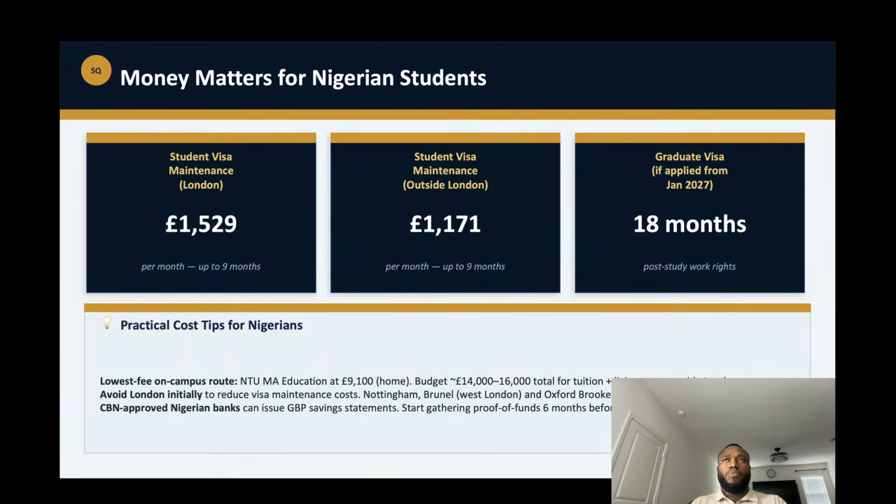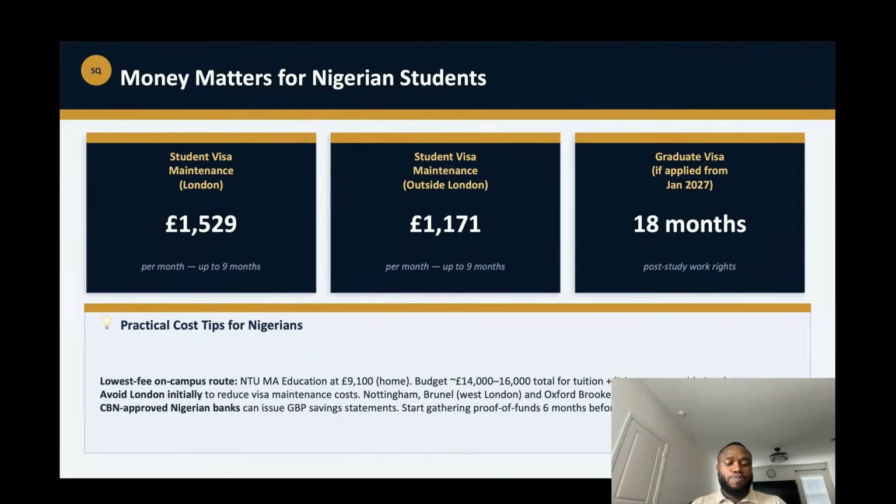Because the problem that most students have is that they make decisions based on hearsay, based on what somebody randomly posted on Facebook or what someone told them on WhatsApp. You need to make an informed decision. And the beautiful thing is that a lot of the things we are talking about today, and a lot of the things we are going to tell you when you reach out to us on WhatsApp, can be independently verified.